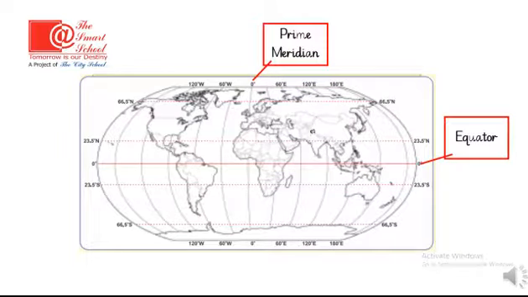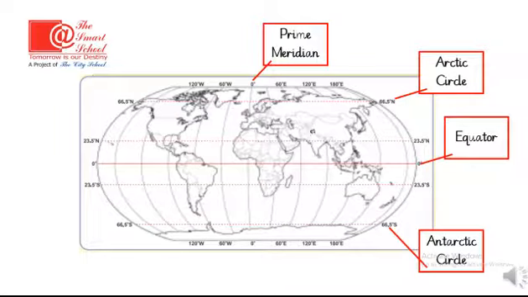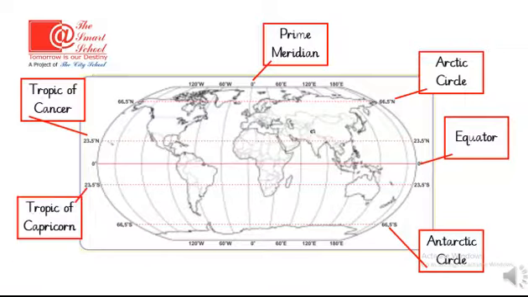Yes, it's prime meridian. 66.5 degree north, and this is line of latitude. It's Arctic Circle. 66.5 south, Antarctic Circle. 23.5 north, Tropic of Cancer and 23.5 south, Tropic of Capricorn.